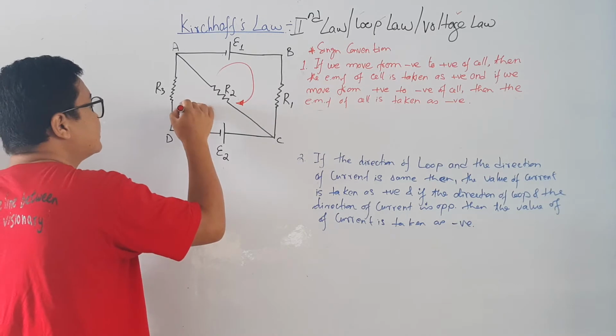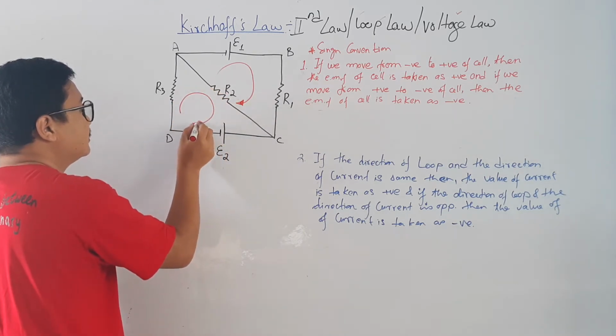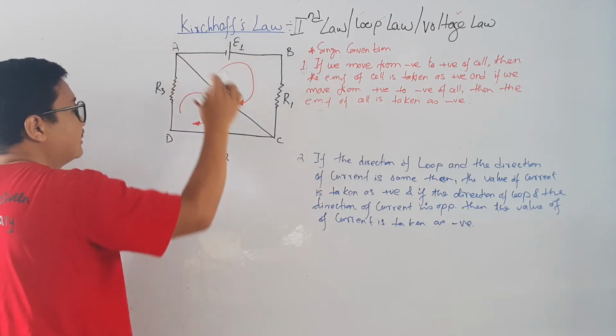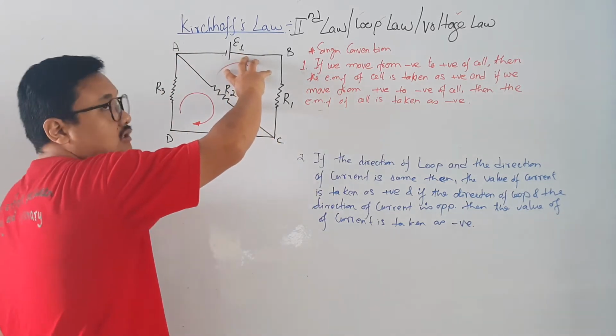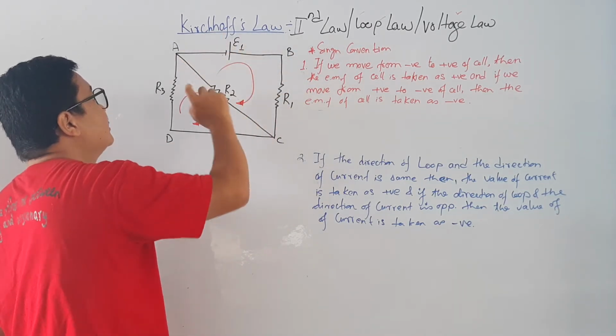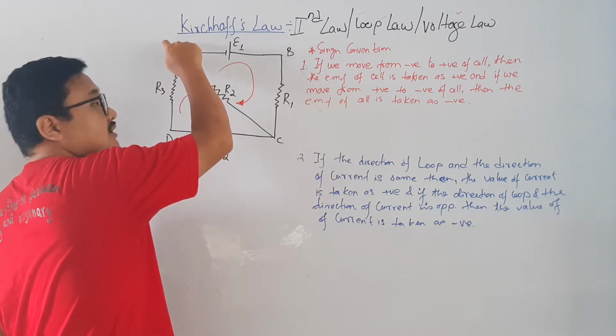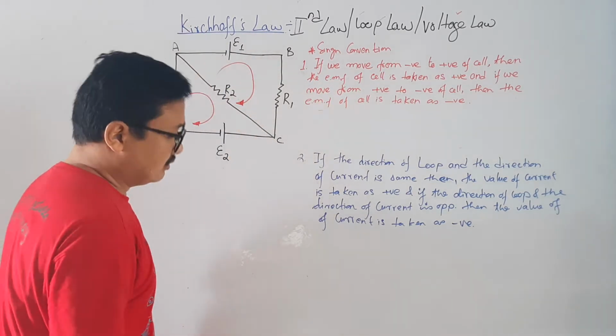Similarly, let us consider another loop like this, A, C, D, A. Please remember, this part has one loop, A, B, C, A, and this part has another loop, A, C, D, A. There are two loops.